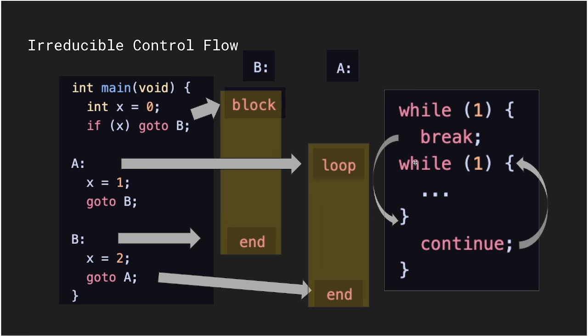Essentially, if you try to directly map this code into the while analogy, you essentially need a situation where you need to break out of a loop that you have not started yet. And you need to continue back into a loop that you've already exited, right? This doesn't work, fundamentally.